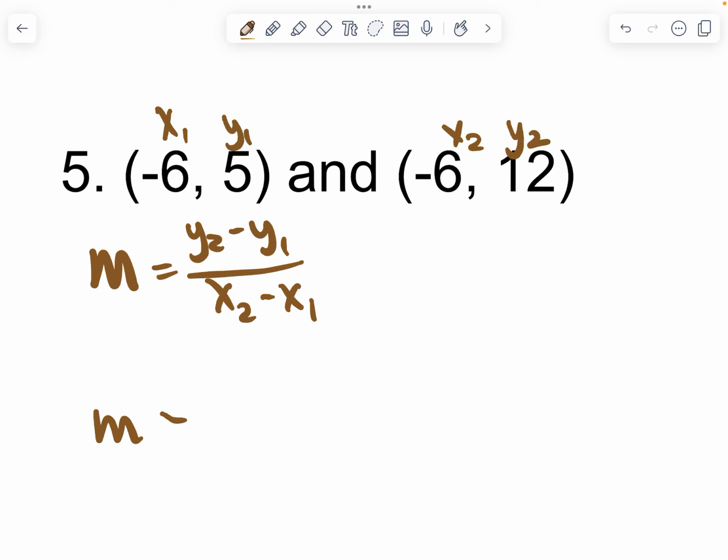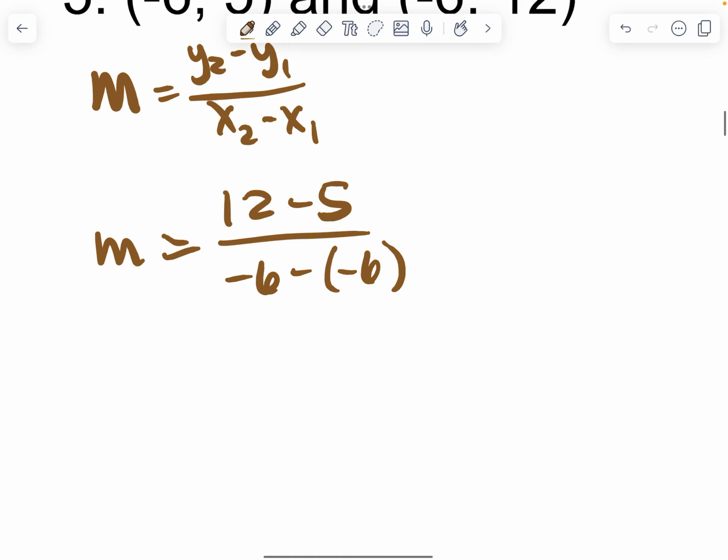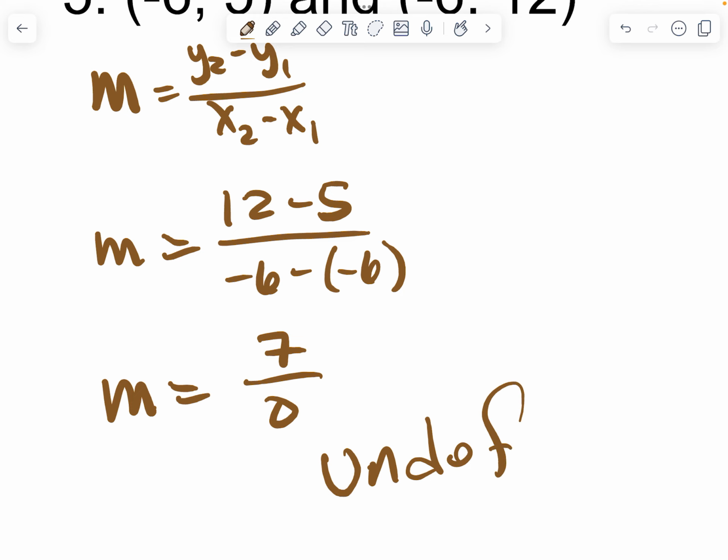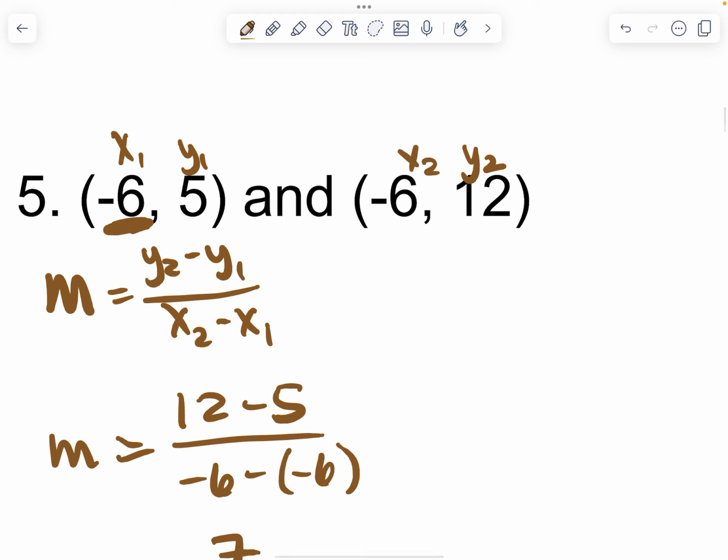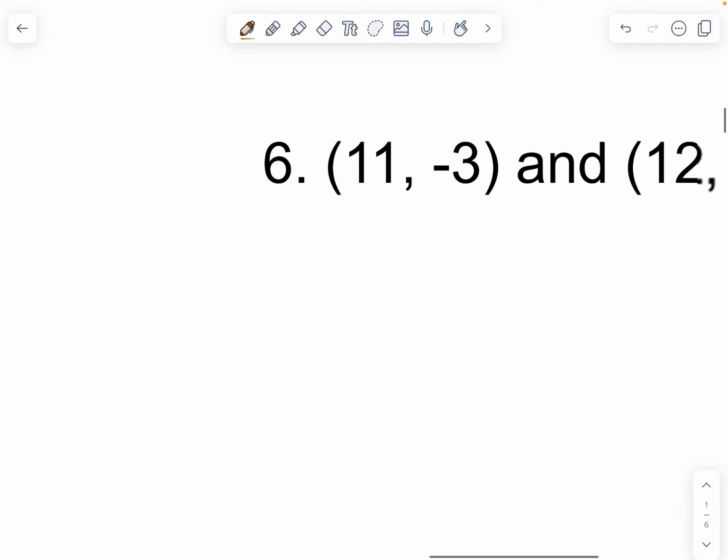So that would get me 12 minus 5 over negative 6 minus negative 6. That would get me 7 over 0, which is undefined. There's an easier way to look at this. Both of these x's are exactly the same. That means that you would have a vertical line.